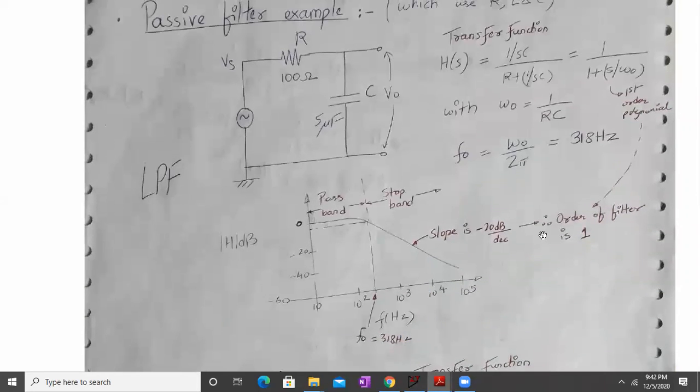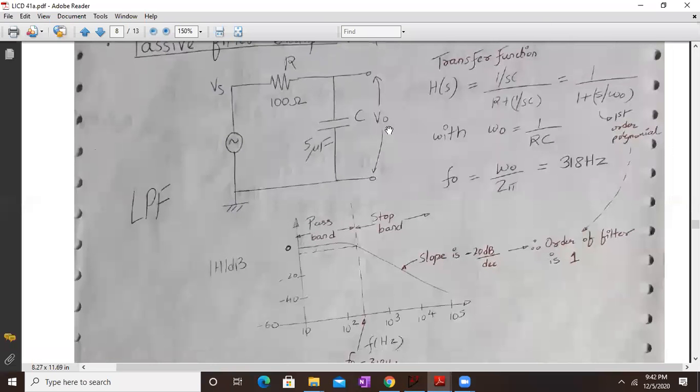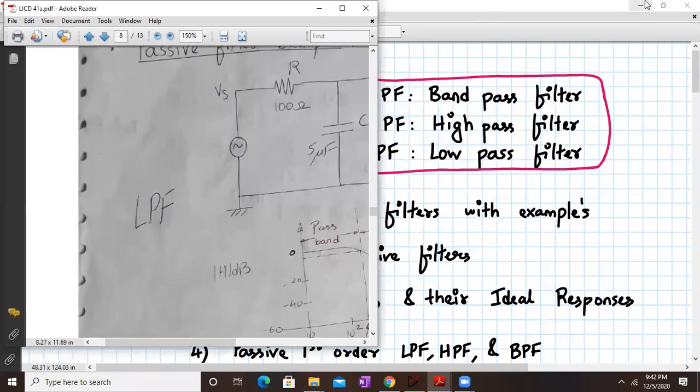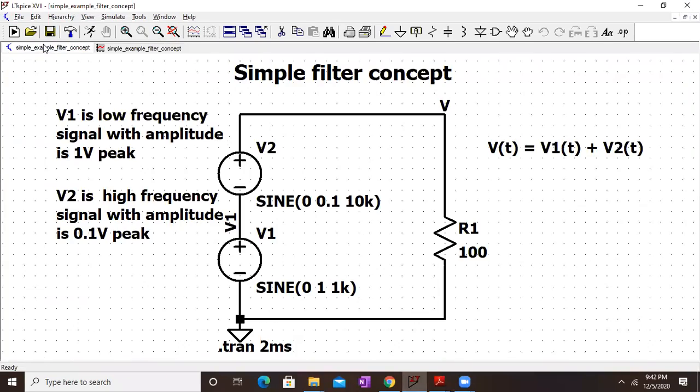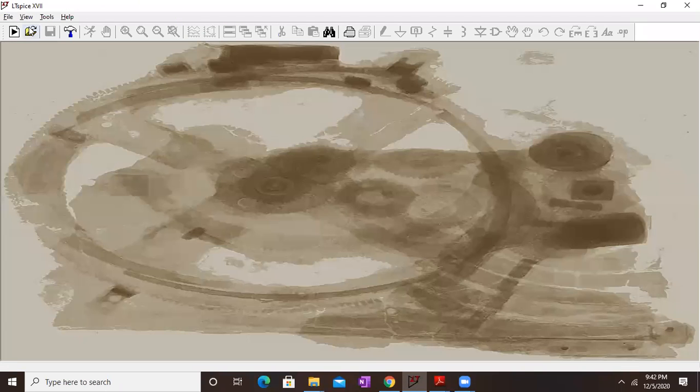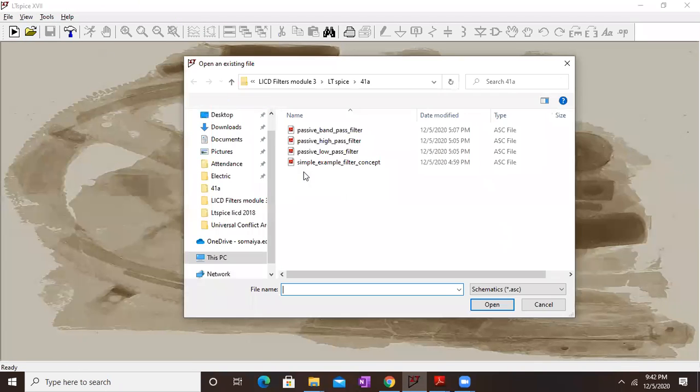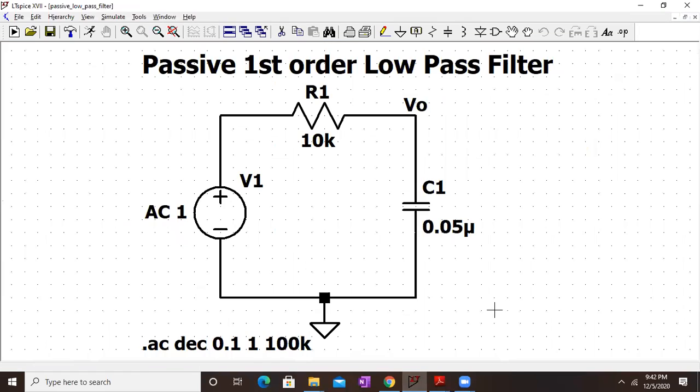Now let us check this out in LT Spice. Let me keep this open, and I'll open up the LT Spice window and open a simple low pass filter response, passive first order. So that's an example of a passive first order low pass filter.